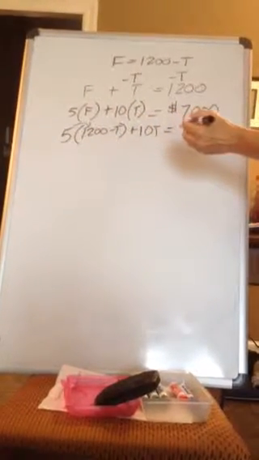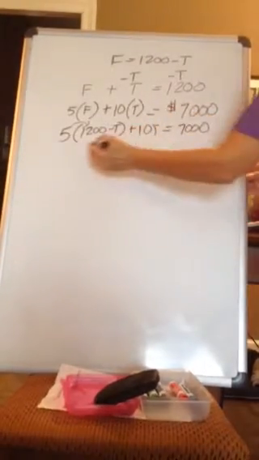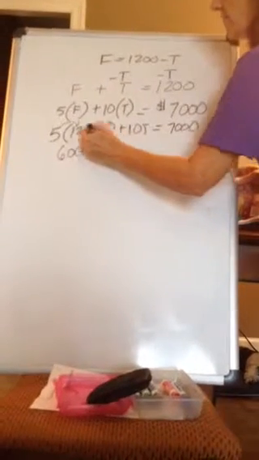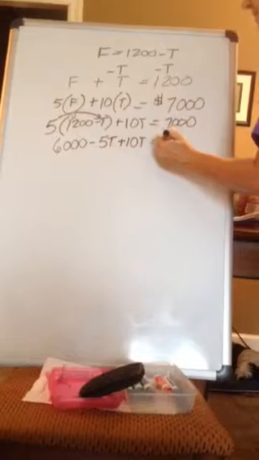5 times 1,200 is 6,000 minus 5t plus 10t equals 7,000.